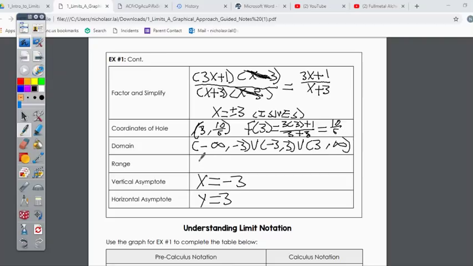And our range will be from negative infinity to 10/6. Remember 10/6? That probably would simplify to 5/3. So let's keep these negative infinity to 5/3 because we have a hole there.